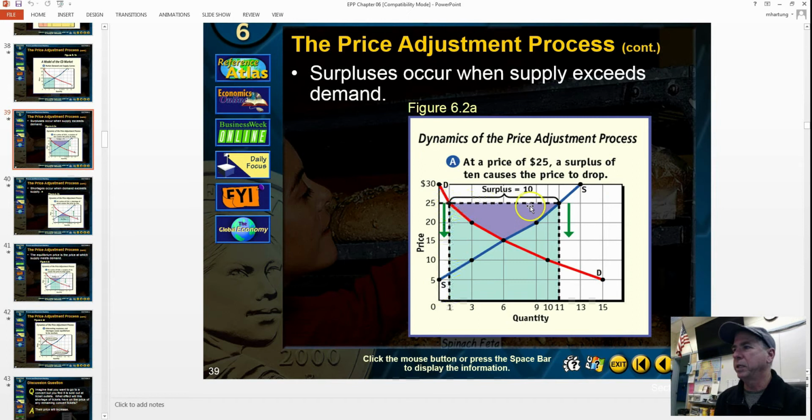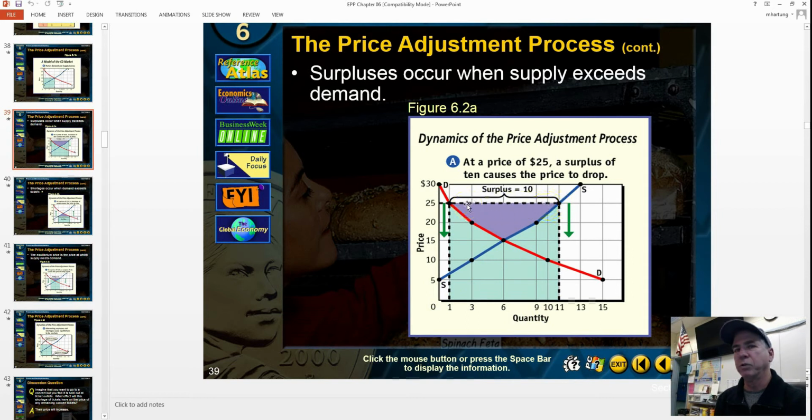And that creates this area between these curves, this triangle here, as a surplus of 10, calculated as 11 minus 1. That is the area of the surplus that is created.